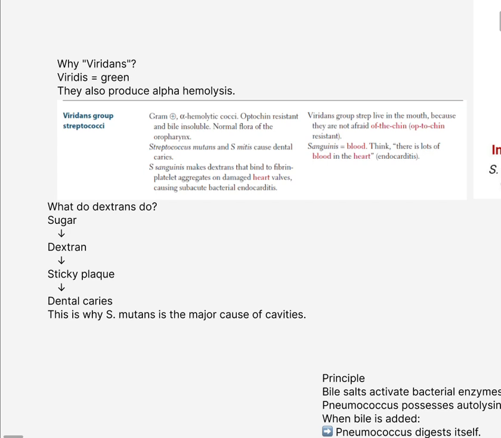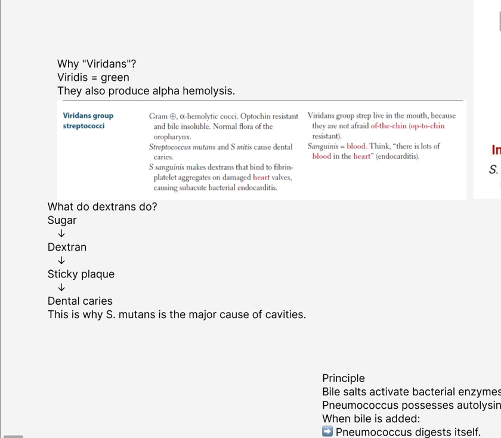That patient either has rheumatic fever or congenital valve disease, or they have a prosthetic valve. There's some way that a patient got a damaged valve in their heart. Now, platelets and fibrin collect on the damaged valve and they create vegetations, right?